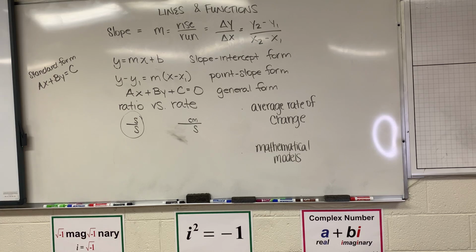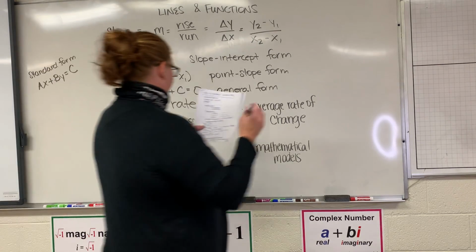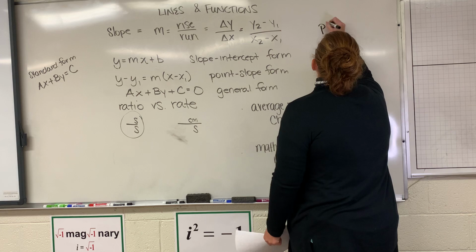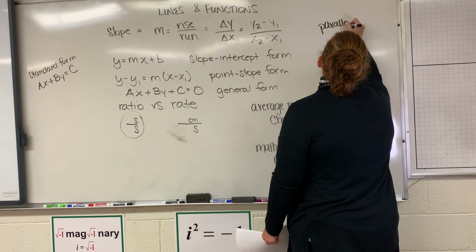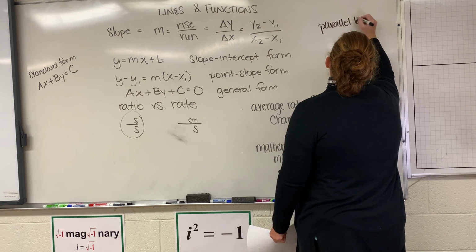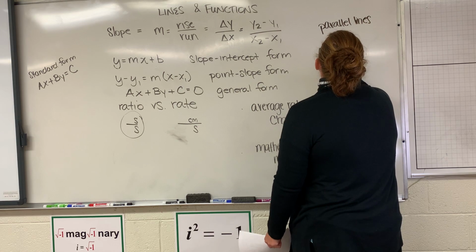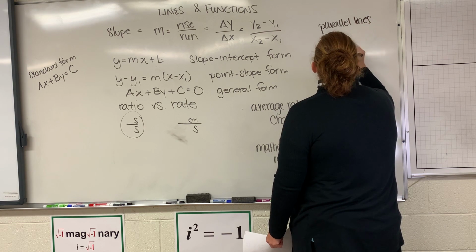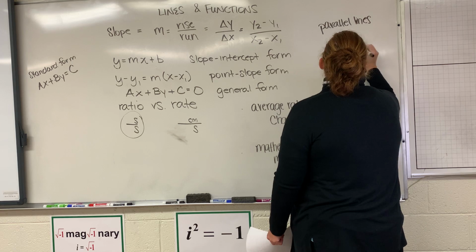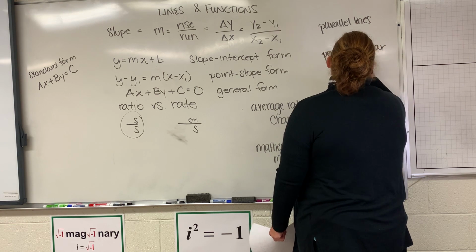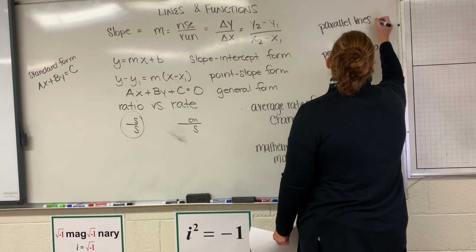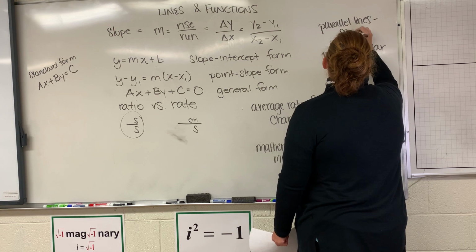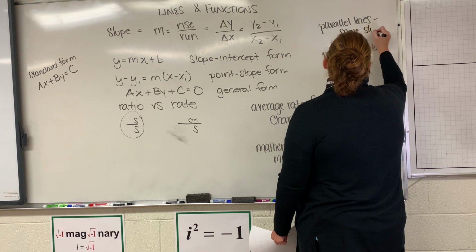Okay, last thing about lines, and then we're moving on to functions. Parallel lines and perpendicular lines. What do you guys remember about those? Parallel lines have the same slope. That's really about all you need to know.